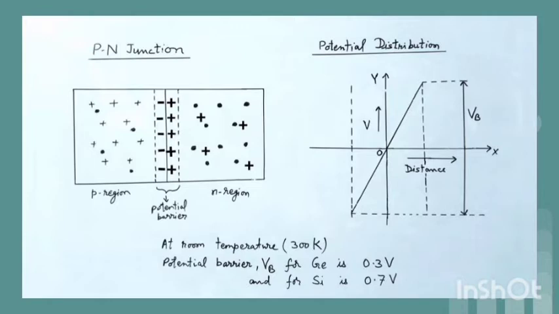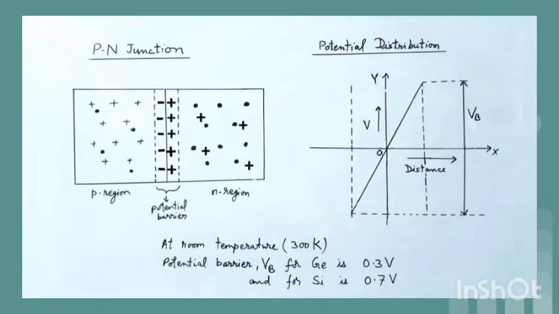In the plot, the potential distribution near the junction is shown, in which VB is the barrier height. The barrier region created near the junction, where there are no free charge carriers, is called a depletion layer.